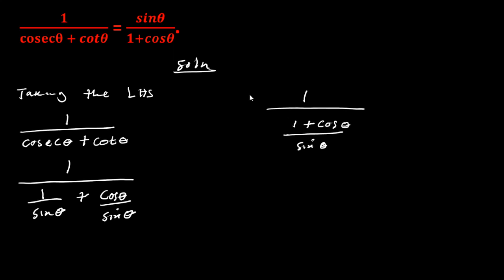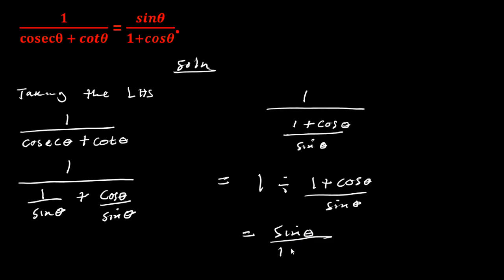So this whole expression can be written as 1 divided by 1 plus cos theta over sine theta. And you know this can swap. So our answer will just be sine theta over 1 plus cos theta, and this is just equal to the what? Equal to the right hand side.